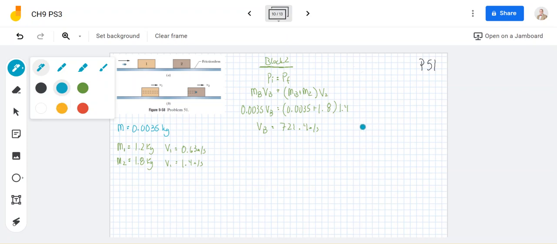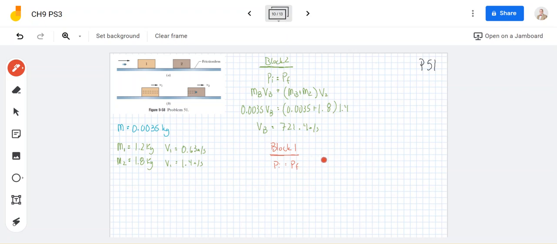So let's do the block 1 situation here. Again, the initial momentum has to equal the final momentum. It's the nice thing about momentum, that's always the same. So what was the before situation? This was the mass of the bullet times the velocity of the bullet.